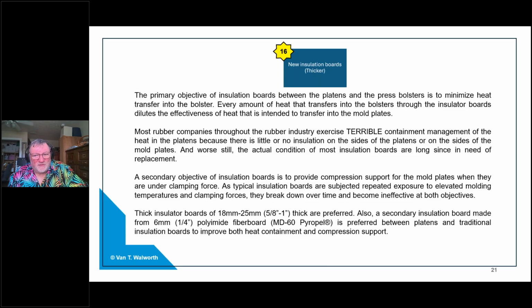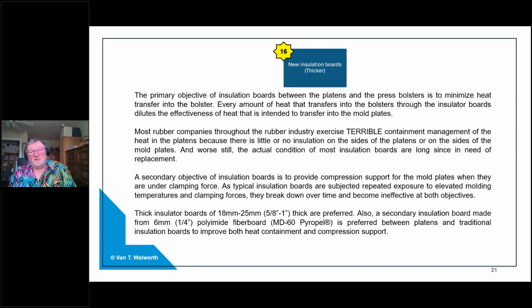But the truth is, usually if it's a press that's been running continuously at high temperatures, you need to be checking the insulator boards at least once every 2 years and possibly replacing them after 3 years, because they start degrading. There are volatiles that come out of the insulator boards and they're normally fairly hard and kind of brittle, and so they begin to crack. If you actually see a crack in the insulator board, I believe that you probably should have replaced it 2 years ago.